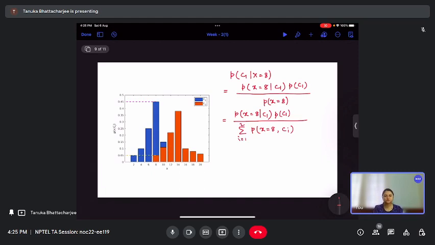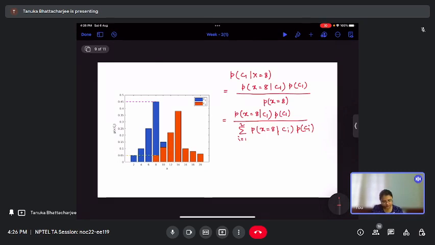If you take this joint probability of x equal to 8 and class Ci over all classes, then the sum will be the probability of x equal to 8. And you can further express this joint probability as the conditional probability into prior probability of Ci. So, this is the expression that corresponds to the posterior probability of class C1 given x equal to 8.